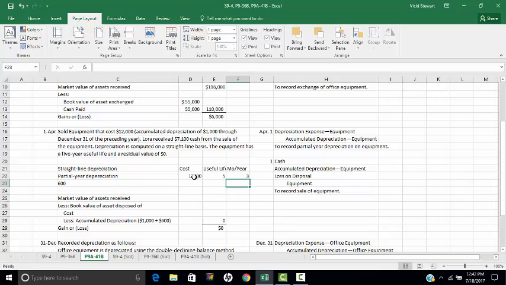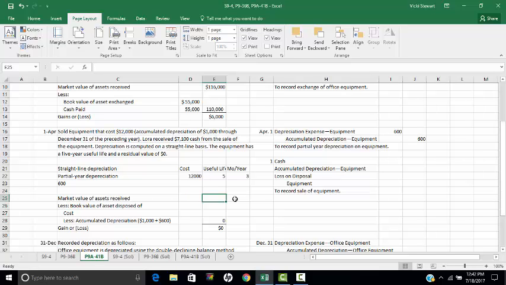So we can see, based on our calculation, that we need to record $600 of depreciation expense for this equipment prior to determining the gain or loss. So on April 1st, we're going to debit depreciation expense for $600, and we're going to credit accumulated depreciation equipment for $600.